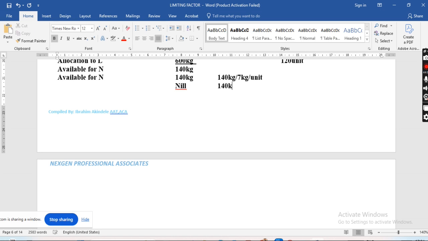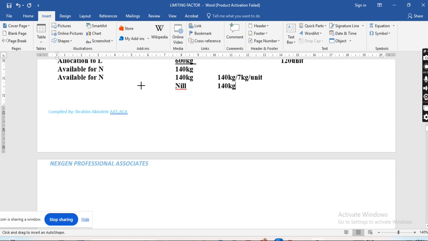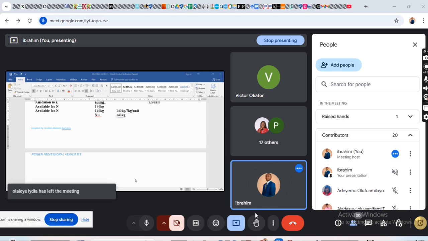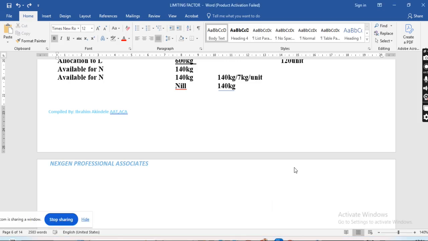140 kg divided by 7 kg per unit. Now, kg cancels kg, class.